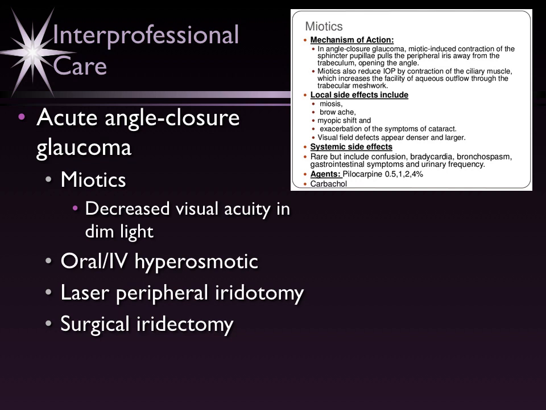With acute angle closure glaucoma, miotics are used. And again, I've put up this little thing that talks about the mechanism of action, the local side effects, and systemic effects. Usually there's very few systemic effects associated with miotics, but it definitely is something that can happen.